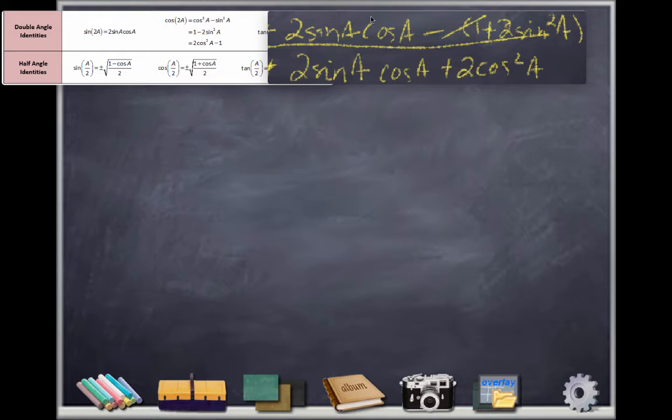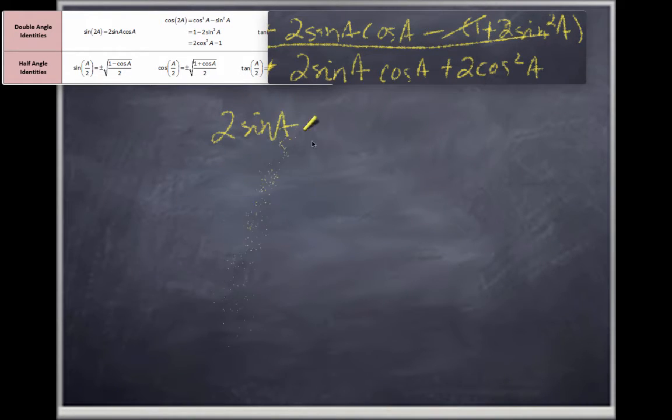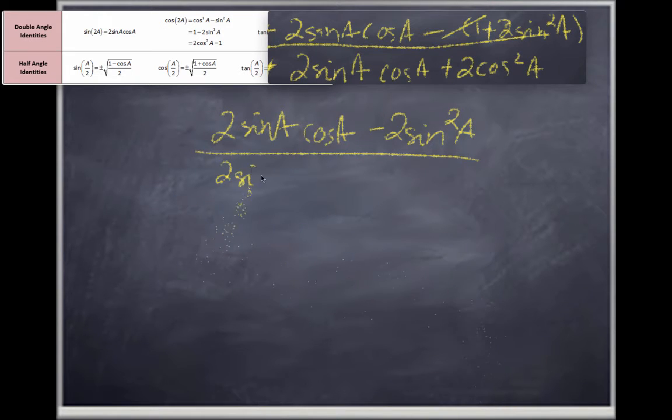From this point, now we have 2 sine A cosine minus 2 sine squared A over 2 sine A cos A plus 2 cosine squared A. And a factor from the top, we know we need to simplify it.